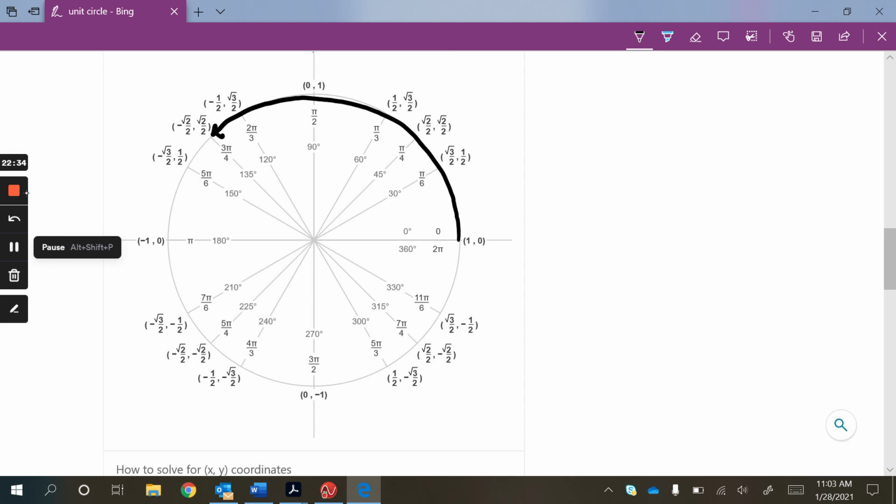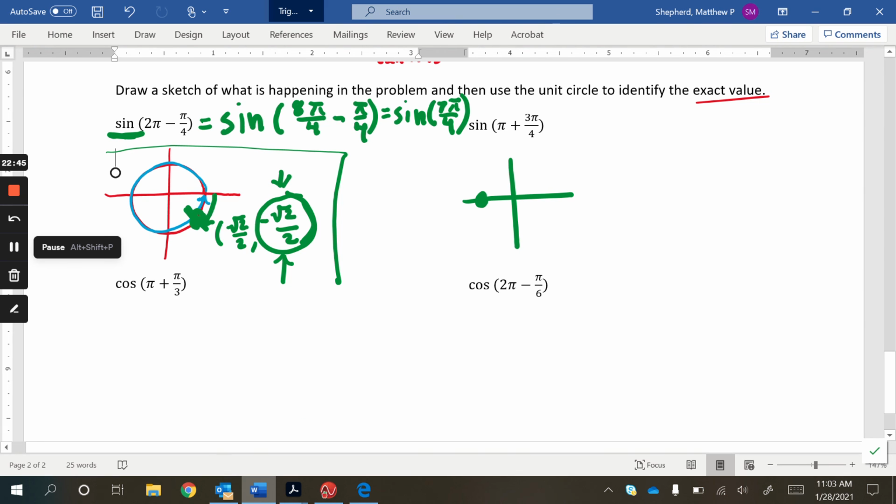Now, main thing I'm paying attention to is that distance, how far it goes. So notice how it goes in 90 degrees, and then another 45 degrees past that. So coming back here, now we are adding it, so I'm going to continue that, and I will go the 90 degrees and another 45 degrees past that.